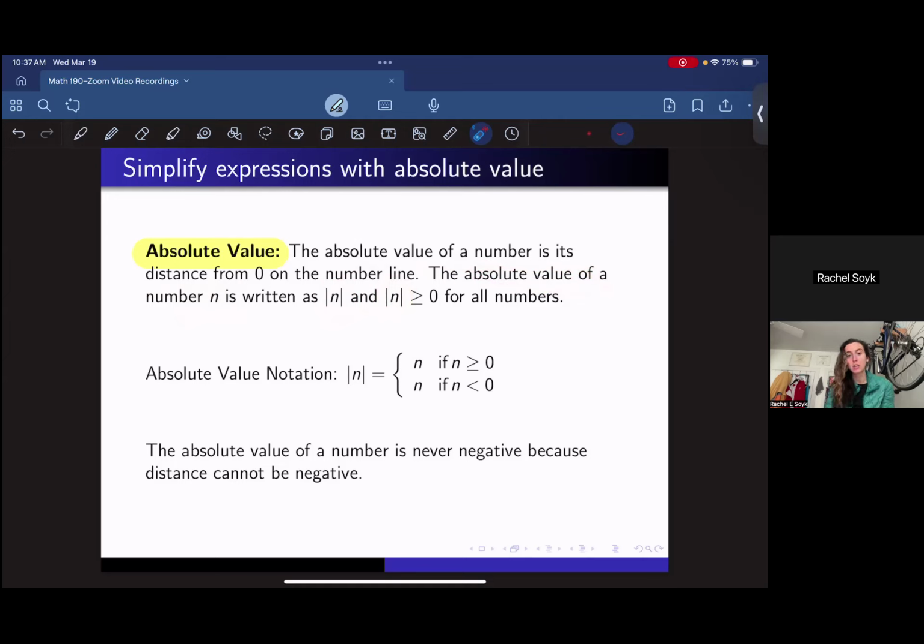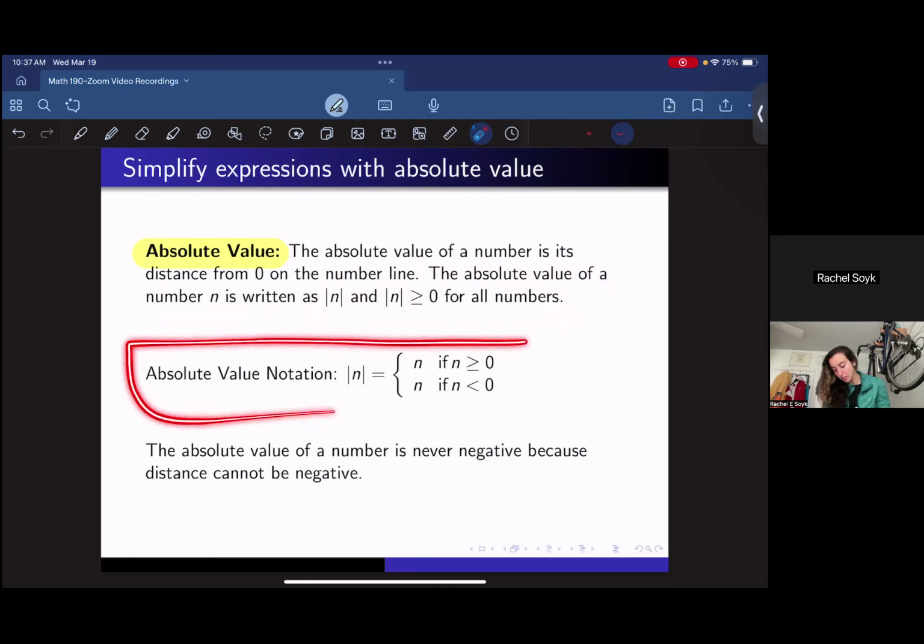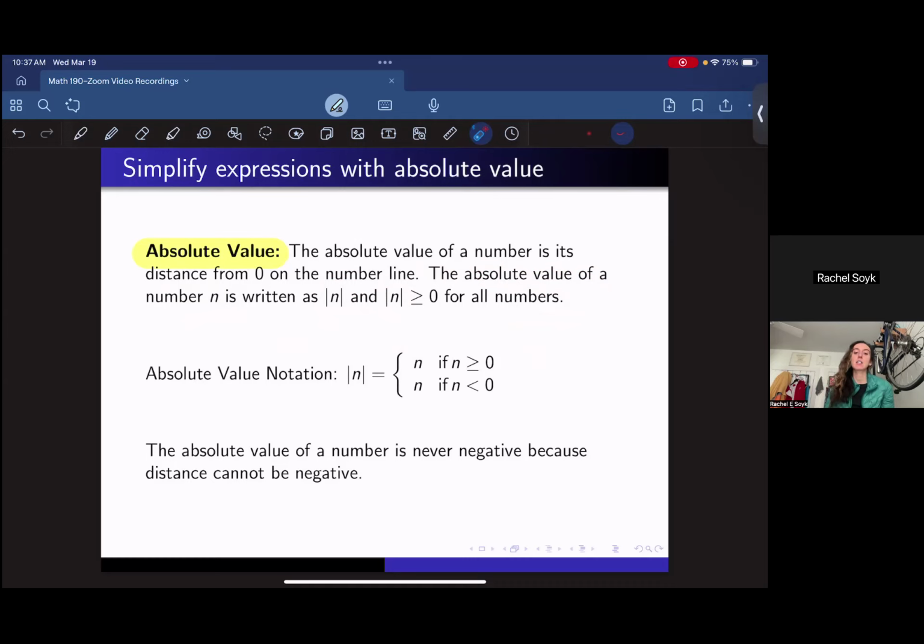for all of our numbers. And so more specifically, if we're looking at all of our values that are greater than or equal to zero, we have the absolute value of n is n. And if we're looking at all of our values that are less than zero, so think about all of our negative numbers, once again, our absolute value spits out negative n. And from a more visual perspective, what does this mean?